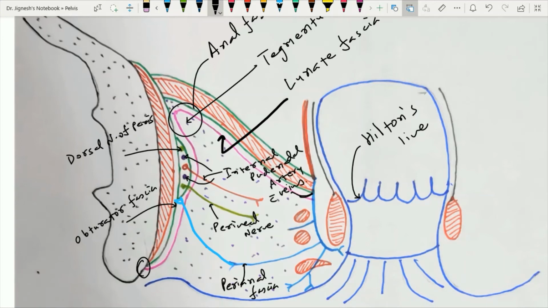So the structures present within this pudendal canal from above downward are the dorsal nerve of the penis, then the internal pudendal vein, then the internal pudendal artery, then again the internal pudendal vein, and the perineal nerve. So this is all about the pudendal canal.